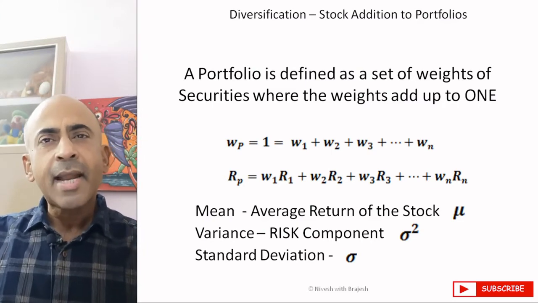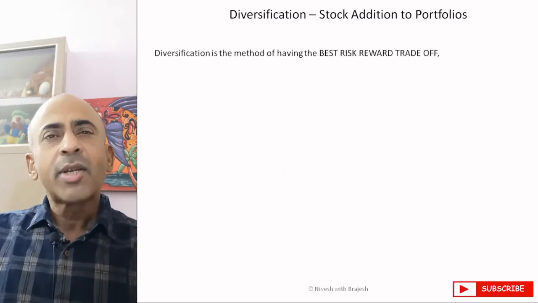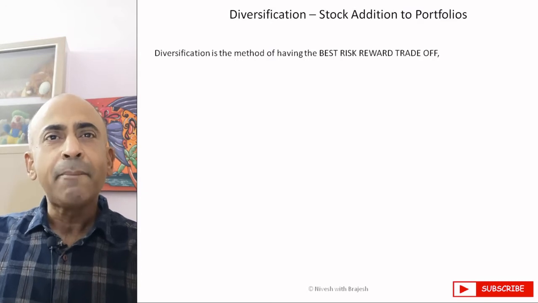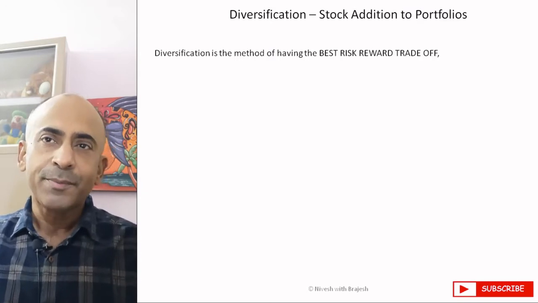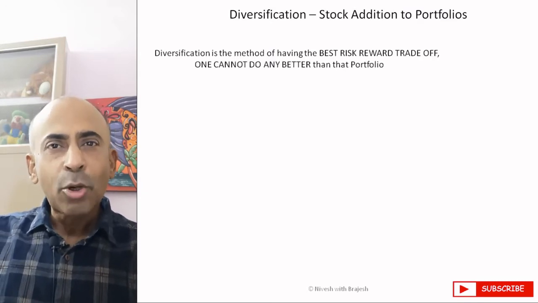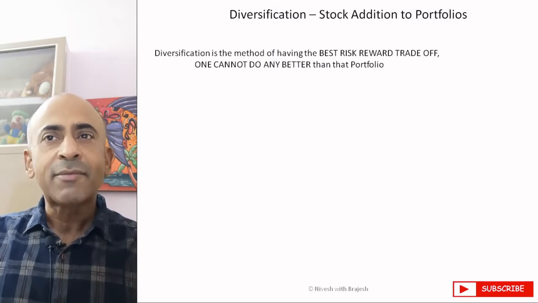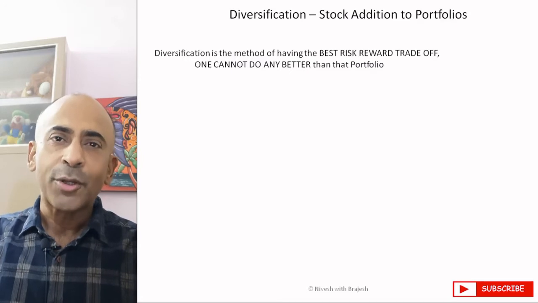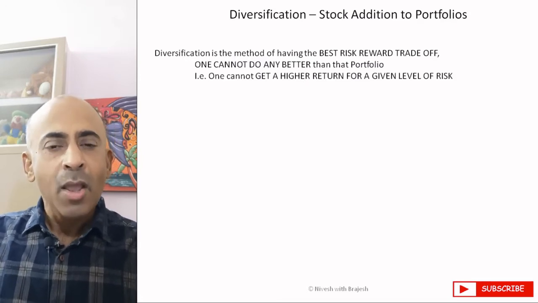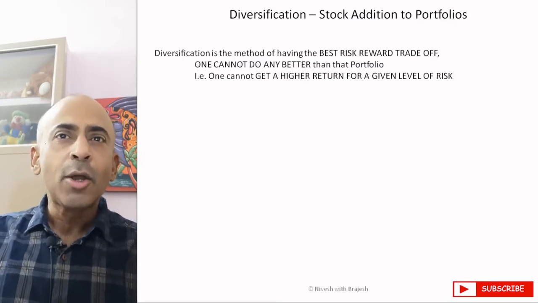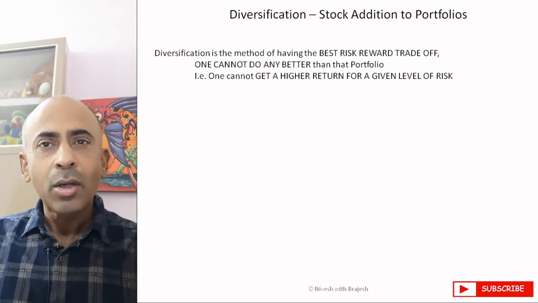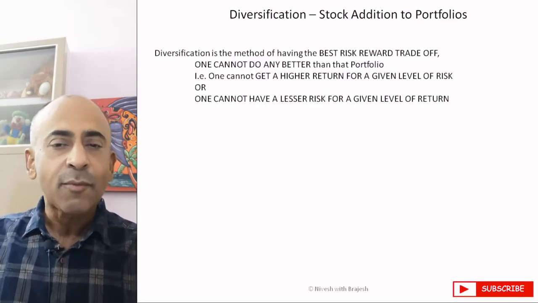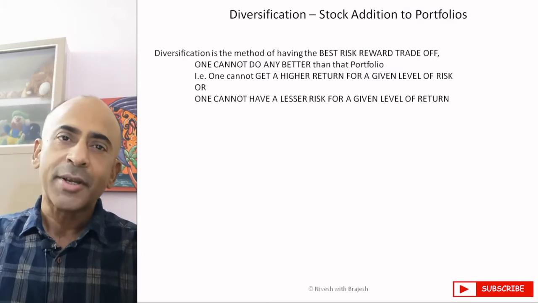So let's understand diversification. Diversification is the method of having the best risk-reward trade-off, which means for the portfolio thus achieved, that is after diversification, one cannot do any better than that portfolio. That is, one cannot get a higher return for the given level of risk, or one cannot have a lesser risk for the achieved level of return.